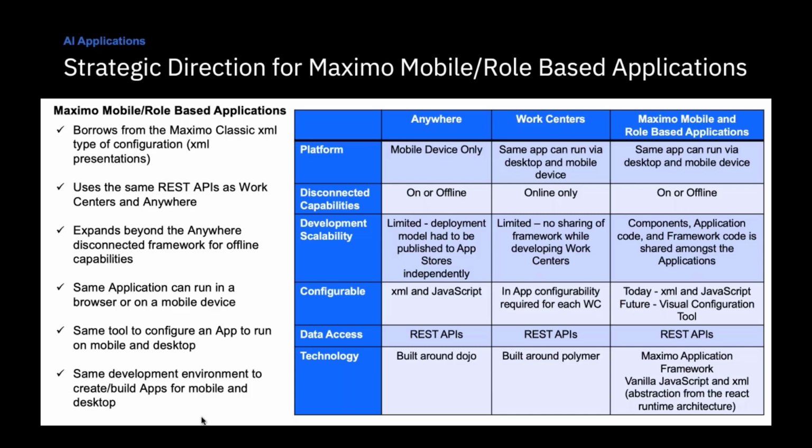What we're also doing is utilizing REST APIs. As you move to the application suite, and as we have worked through Anywhere and our work centers and mobility, all of them have really expanded the REST API work that we have utilized throughout the many, many years. And that is the way we're going to be utilizing Maximo Mobile and role-based applications into the future, with REST APIs and what we've learned and built upon for many years around that.